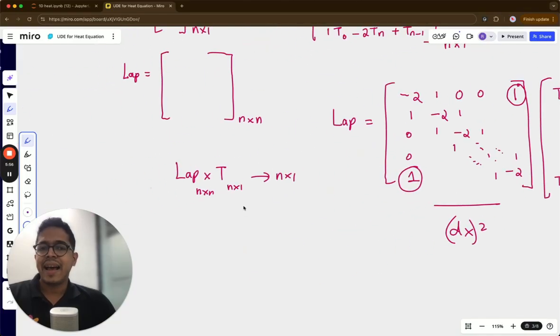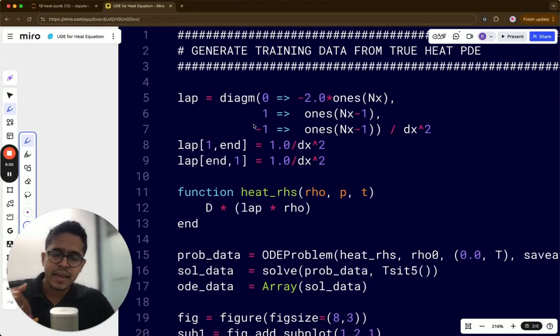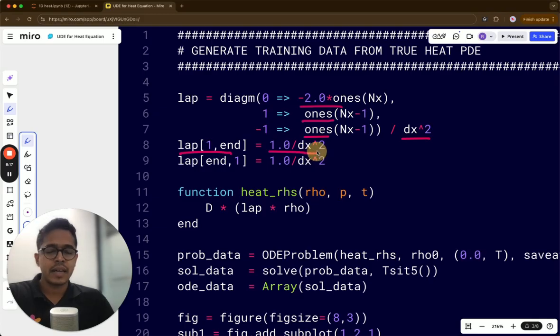So that is what is done here in this code. We are designing a diagonal matrix where all the main diagonal entries are -2, all the upper and lower diagonal entries are just 1, and you divide by dx square. The last element of the first row will be 1 by dx square as well, and the first element of the last row will also be 1 by dx square.